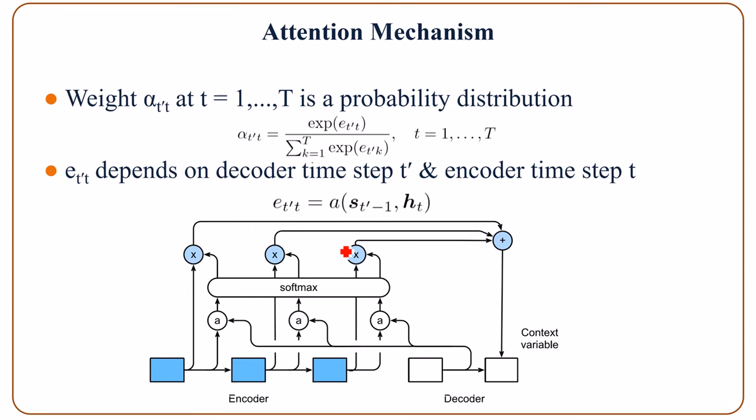Given the time step t prime of the output sequence, the weight alpha_{t't} at different time step t is a probability distribution in which we use a softmax function. This is happening here. Here I rewrite t prime because we are now in a new slide. This is time step t prime in the output sequence, and this is the time step t in the input sequence, this is t minus 1, and that is t plus 1.